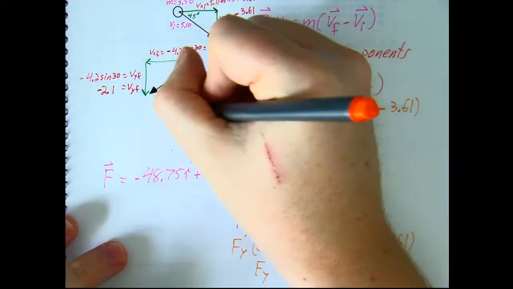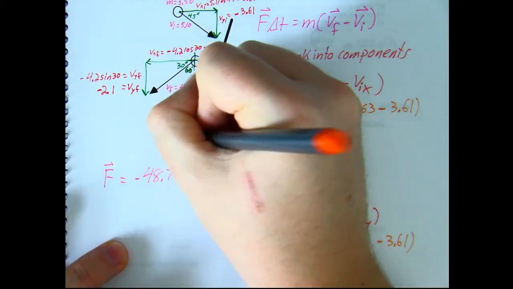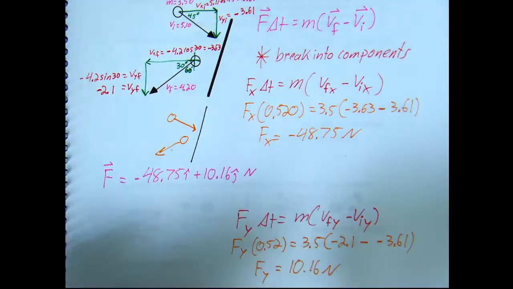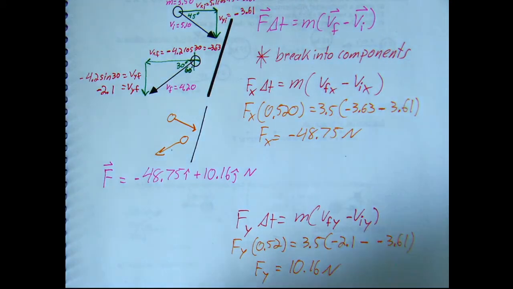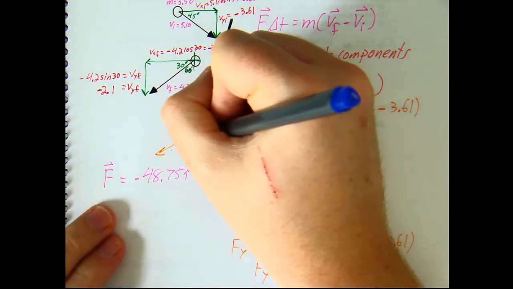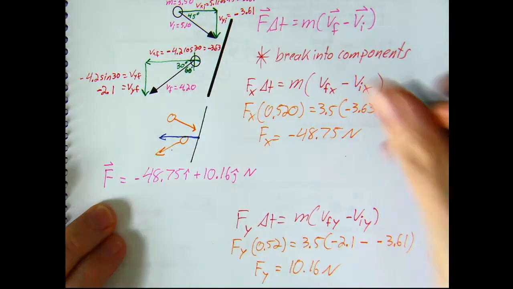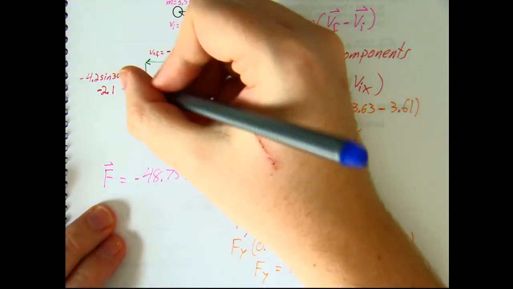We've got a ball coming in that way. It rebounds off going that way. So in order to make that happen, we have to have a force that looks something like this. It's going to have to be to the left, and it's going to have to be slightly up.